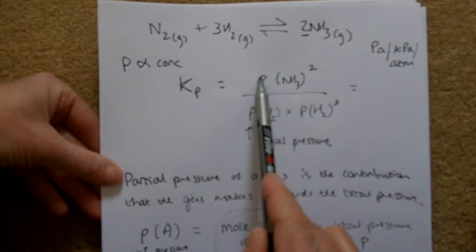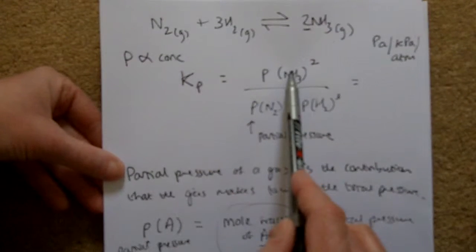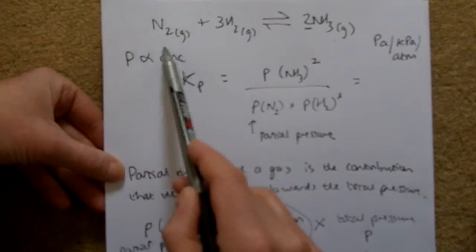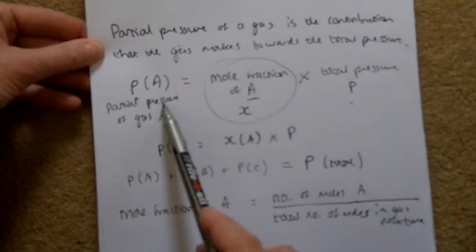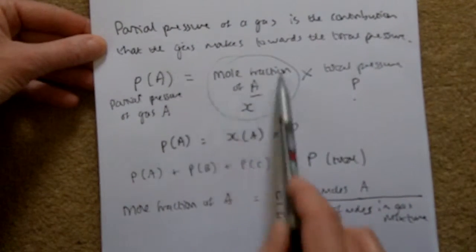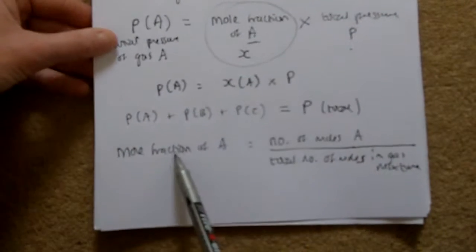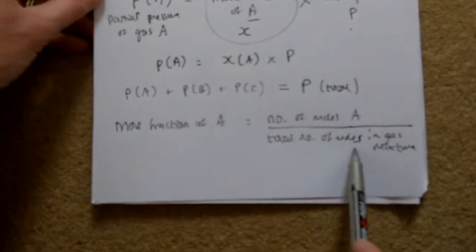This is the partial pressure, so we're doing it in terms of pressure because it's easier for gases to talk about pressure rather than concentration, but they are proportional to each other. The partial pressure is worked out using the mole fraction times the total pressure. The mole fraction is the number of moles of the gas divided by the total moles.